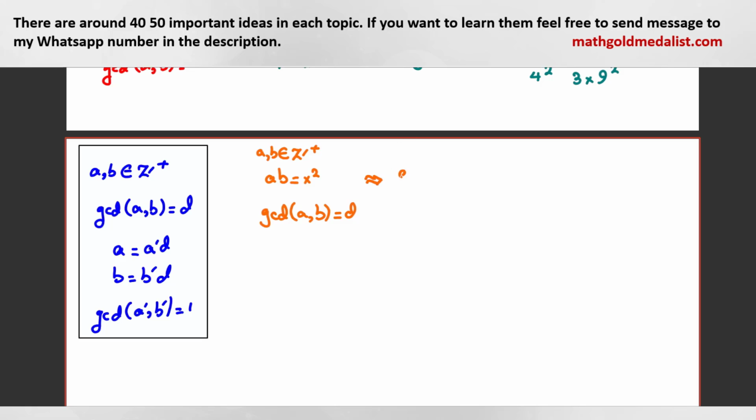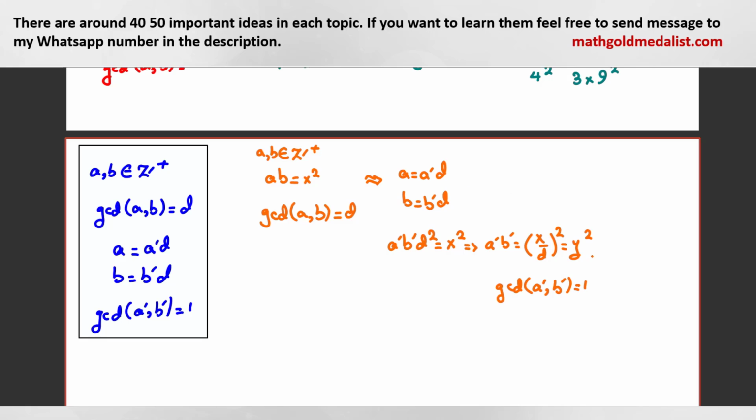So in this case, we can say a is a prime d, b is b prime d, and a prime b prime d squared is x squared, right? So we can conclude a prime b prime is x over d squared, which is, for example, y squared, right? And GCD of a prime b prime is what? 1.